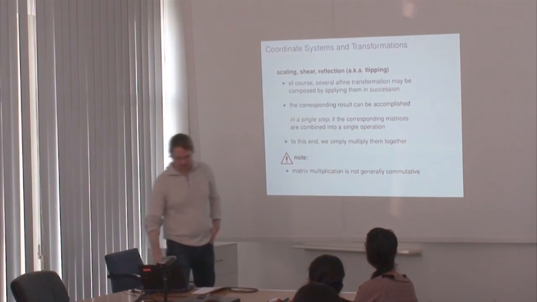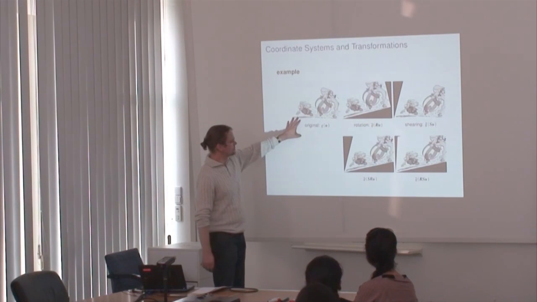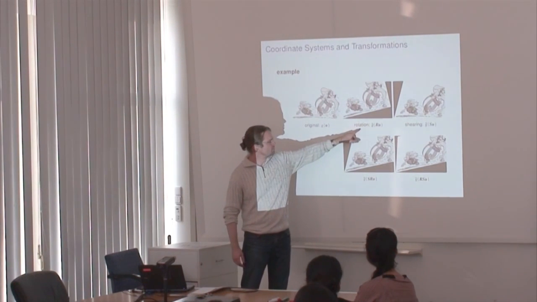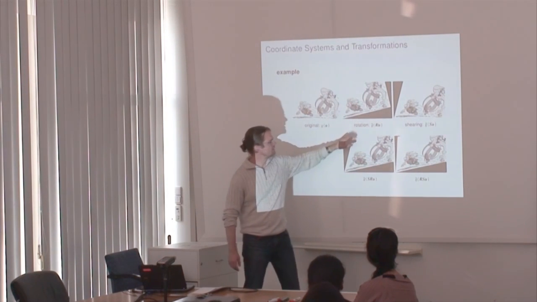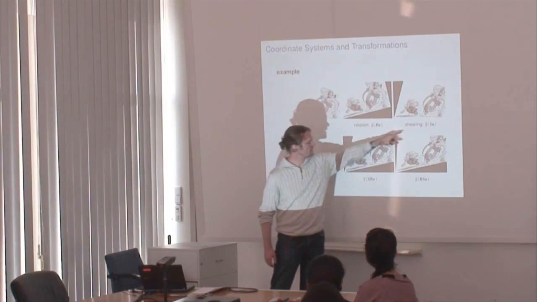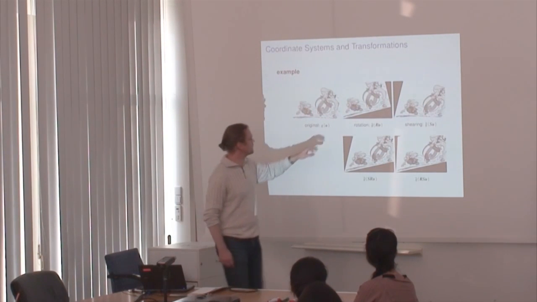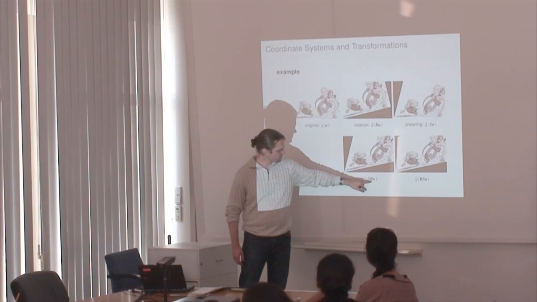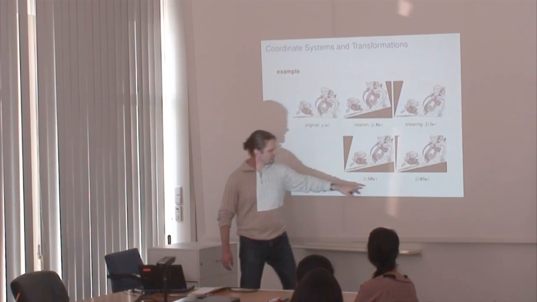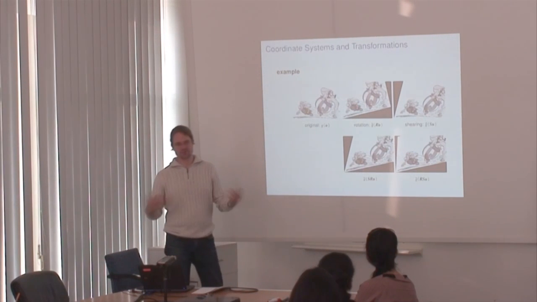Matrix multiplication is not commutative, and we can see this here. Here's the original image. I have produced a new image where I rotated the coordinates, and I produced yet another image where this is a rotation, this is a shearing, and here I first rotated and then sheared, and here I first sheared and then rotated, and you can see it looks different.